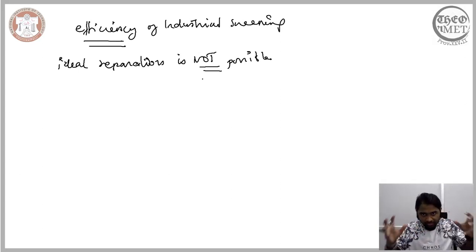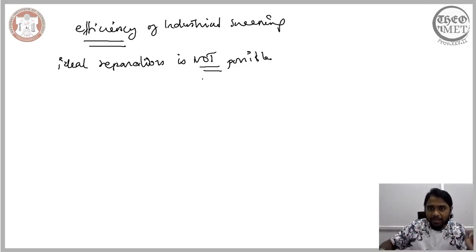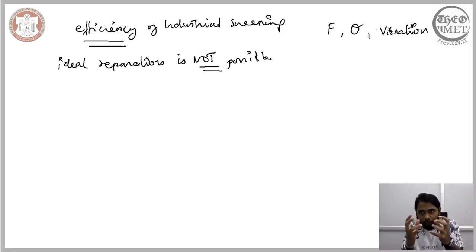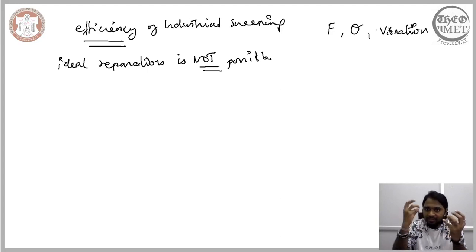So you build an industrial screening setup, and in that setup, with a specific feed, a specific angle of inclination and a specific level of vibration, you need to know how much increase in the probability you have achieved, or how probable the events of stratification and separation are.